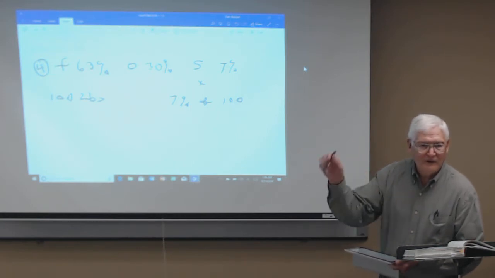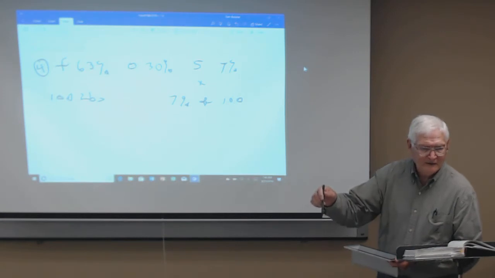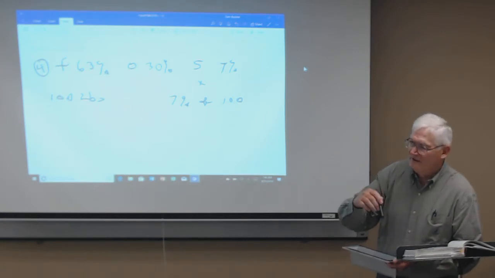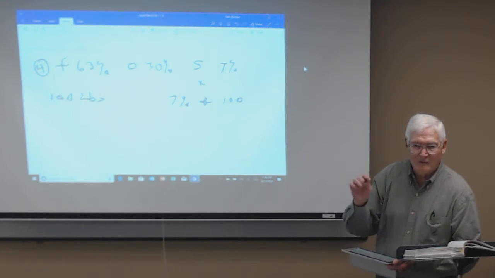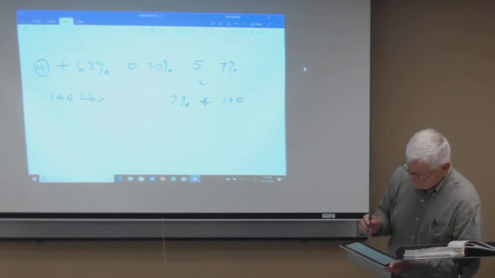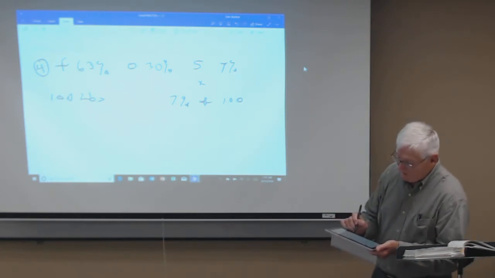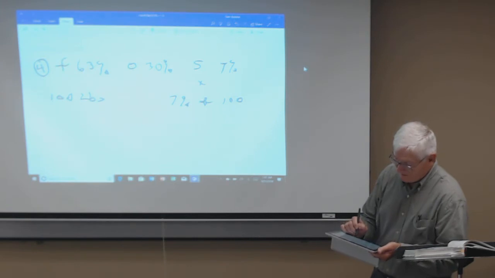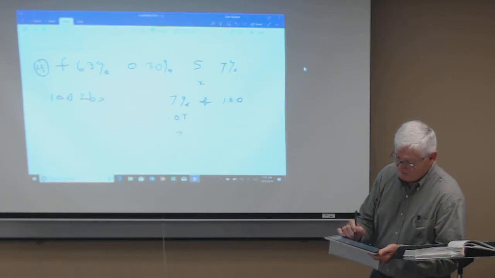Or were you told to convert all of the percents to decimals or fractions and then add, subtract, multiply and divide? Well, then you were given good information. That's, you turn it into a decimal. So it's easier. If you turn it into a decimal, 7% is what? 0.07. 0.07. If you turn it into a fraction, what is it? 7 over 100. 7 over 100.